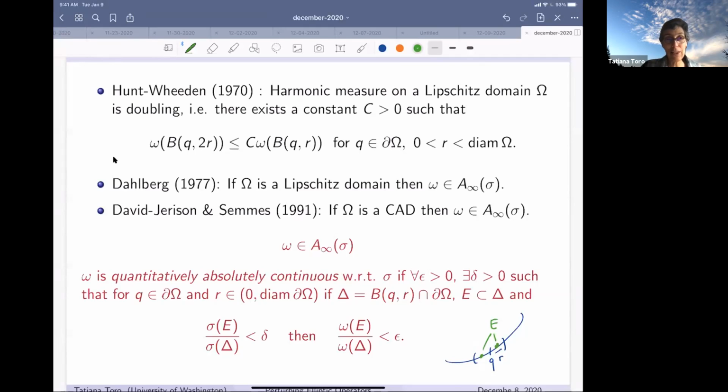And so along those lines, the first question that was asked right after Dahlberg proved this is, and he did prove more, and we'll touch upon that in a second, does the same thing hold not for the harmonic measure, but for the elliptic measure that I introduced earlier?